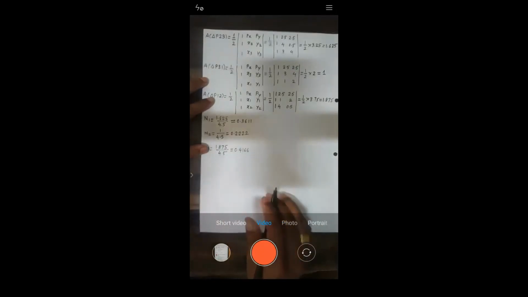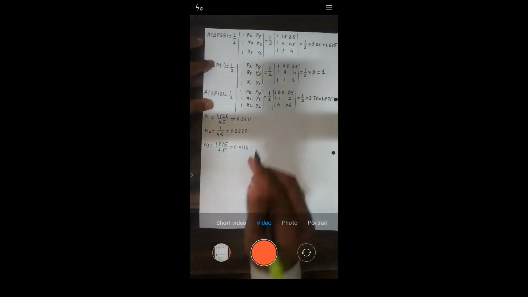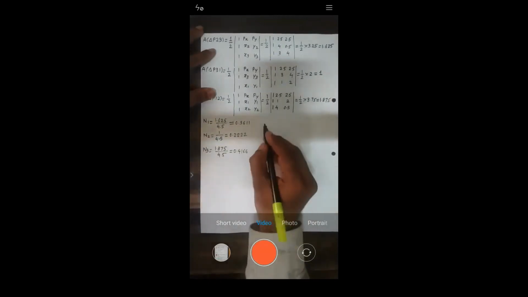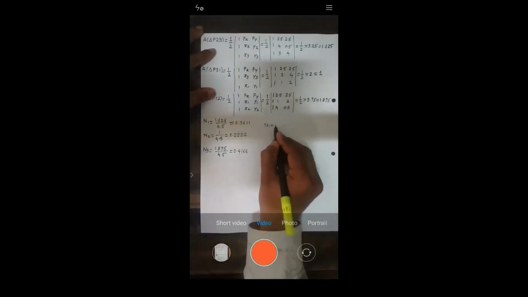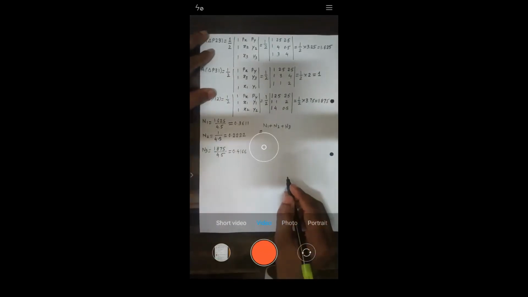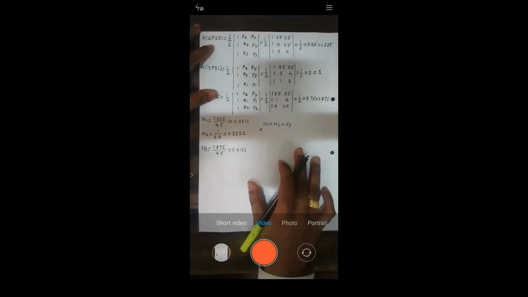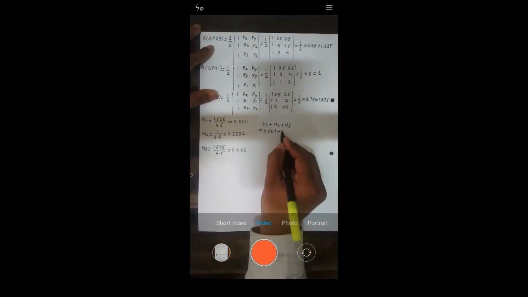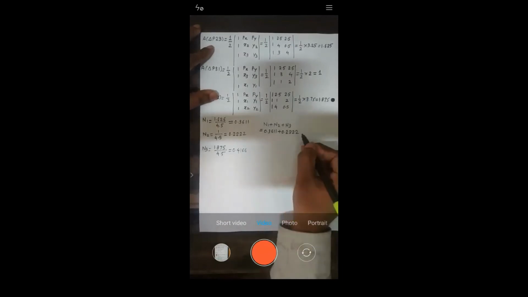0.4166, right? Now see, if you want to check whether your shape functions are correct or not, just take the addition of N1 plus N2 plus N3. Check how much it is coming. 0.3611 plus 0.2222 plus 0.4166.